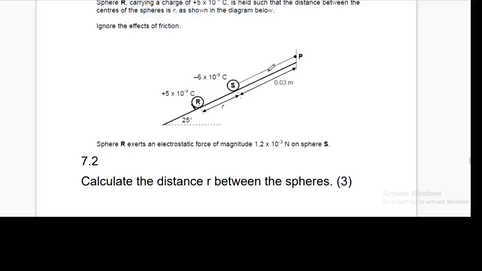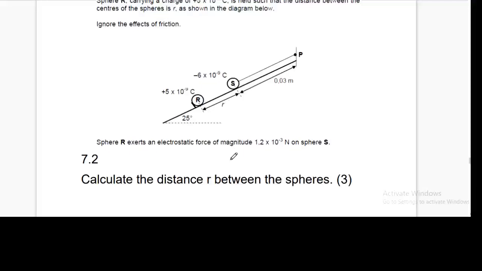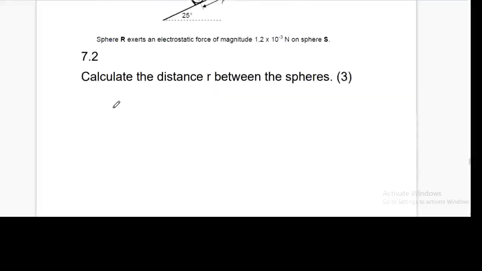Now sphere R exerts an electrostatic force of magnitude 1.2 times 10 to the power negative 3 on sphere S. Calculate the distance R between the spheres. We can do this one first. F equals kQ1Q2 divided by R squared.